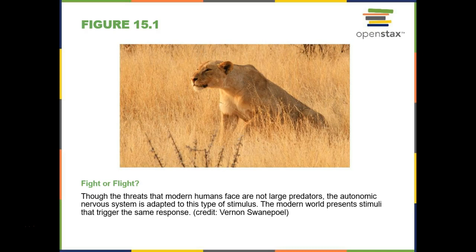So when you think of fight or flight, most people think of a predator attacking prey. We don't really have a lot of predators today that attack humans, but we do have things that set us into this fight or flight response.